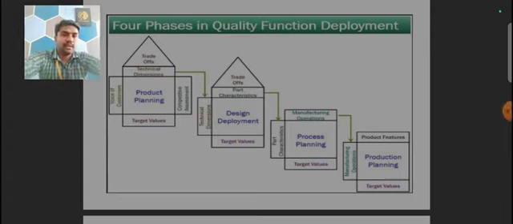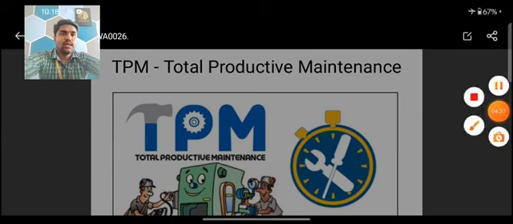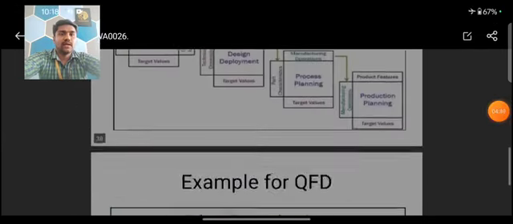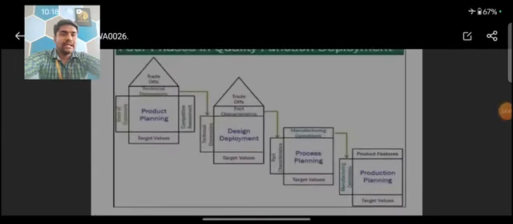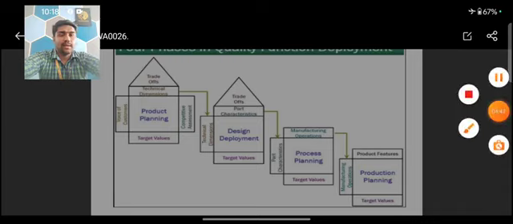Then the fourth one is production planning. In production planning, the target value is the basic factor for a day, for a month, or for any particular time-oriented process. So we need to attain the time requirement. We can check the time requirement of the product manufacturing.